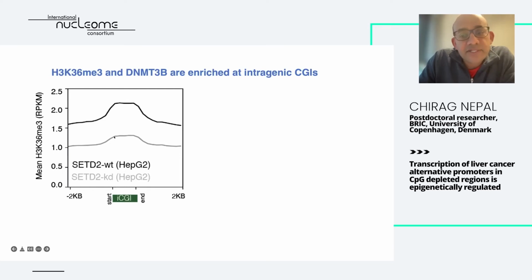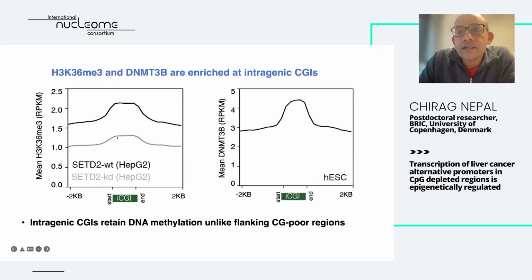If K36 is retained higher, this will have the same tendency with DNMT3B binding along the gene body: the CG rich region will have high DNMT3B binding, high K36. So there is a lot more DNA methylation to demethylate to start the transcription. And that is the reason why there was no transcription happening in tumor in the CpG rich region.